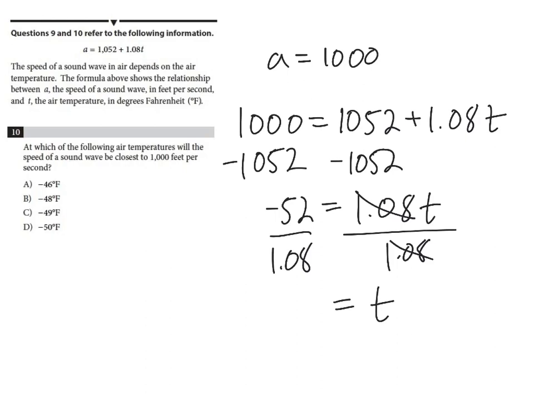Okay, so I'm going to get 48.14. And it keeps going, but it's asking which of the following air temperatures are closest. Well, that's going to be B. Yeah, we're going to have to round, but we'll round down for this one.